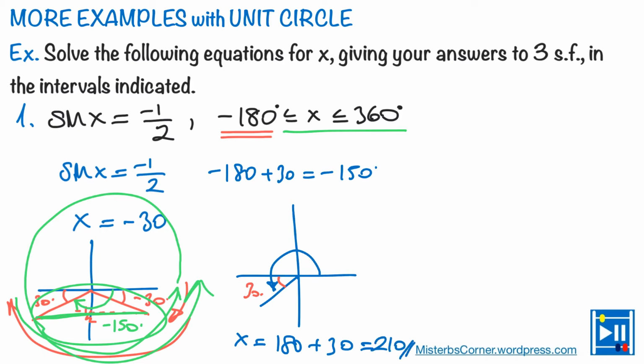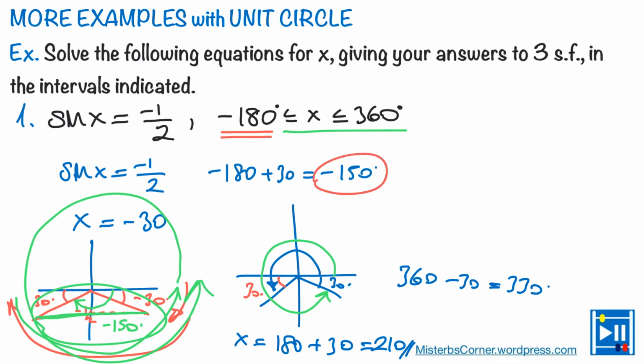And then I know that there is this 30 degrees here. So the next answer will be this one: 360 minus 30, which is 330 degrees. So my answers will be minus 150, minus 30, which I get from the calculator, 210, and 330, which I'm going to be listing now.